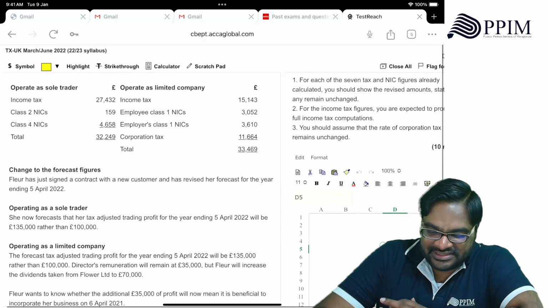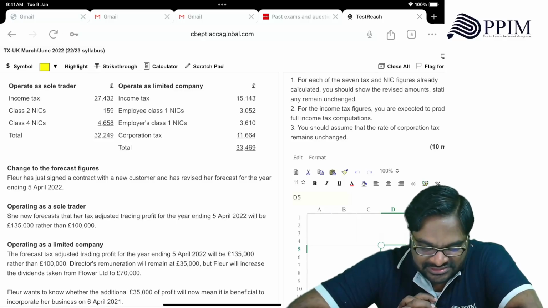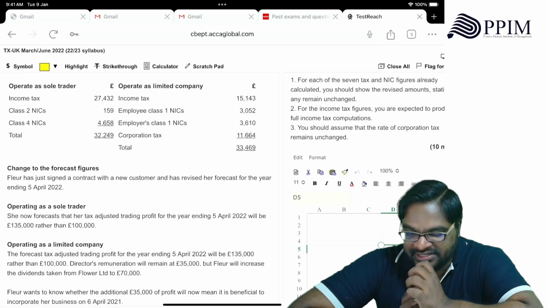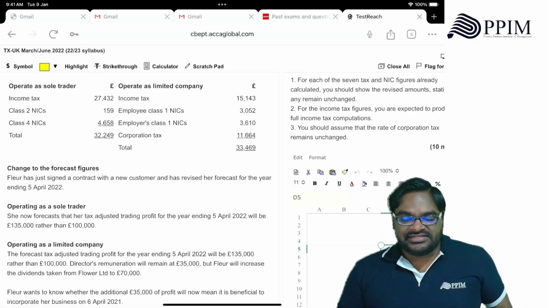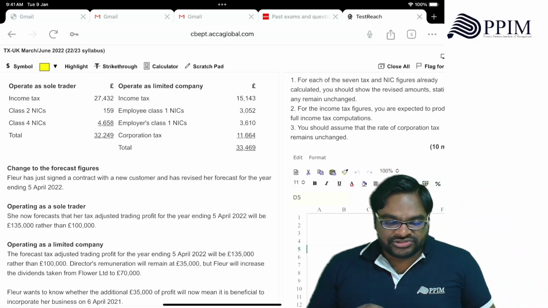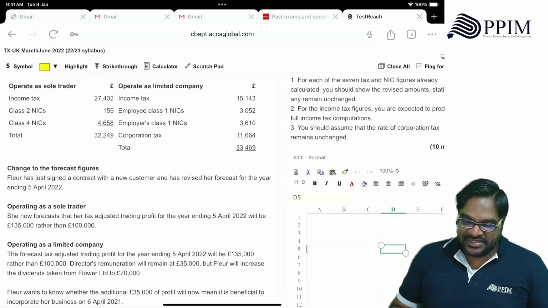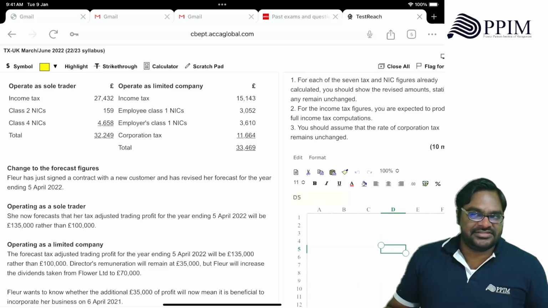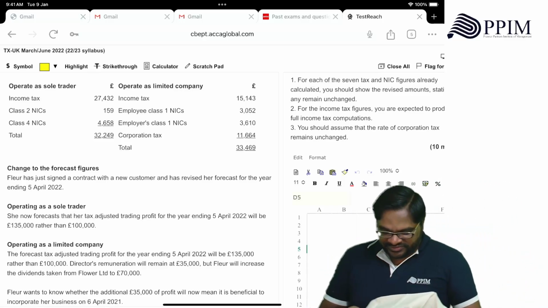Operating as a limited company, the forecasted tax adjusted trading profit will be 135,000 rather than 100,000. Director's remuneration will remain at 35,000, but Fleur will increase her dividends to £70,000. Fleur wants to know whether the additional 35,000 of profit now means it is beneficial to incorporate her business. So that is what she is asking. The question is clear. So what should we do now?